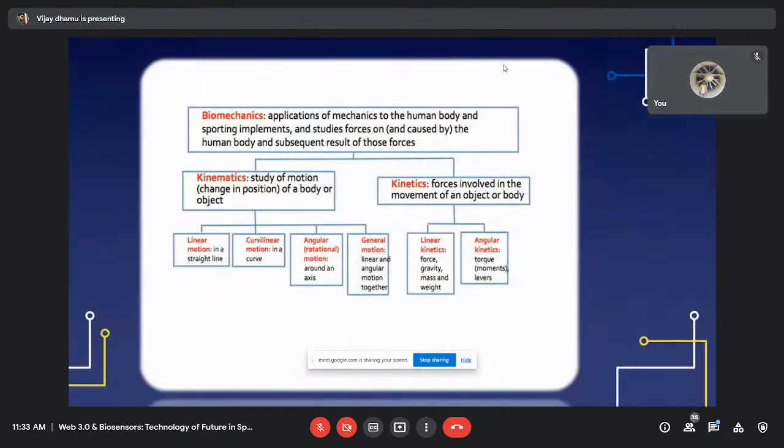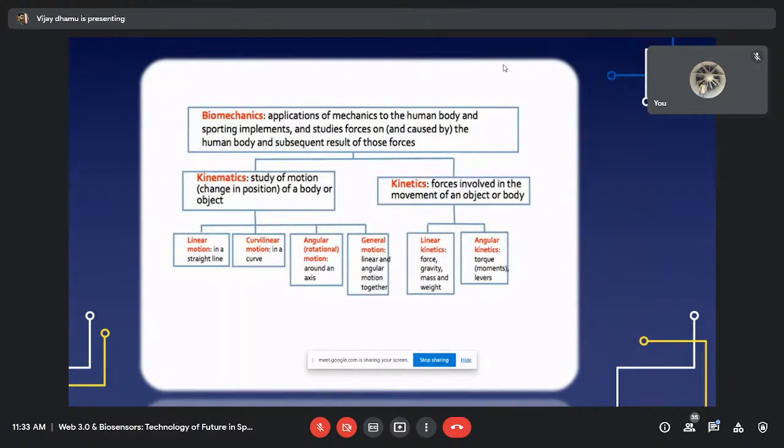Okay, so before going into the concept of Web 3.0 and biosensors, I'd like to talk about biomechanics, which is the field of study that this event is based on. Biomechanics is an application of mechanics to the human body and sporting implements, and it mainly involves studying the forces acting on the human body.